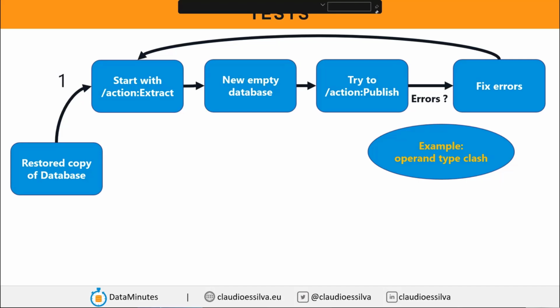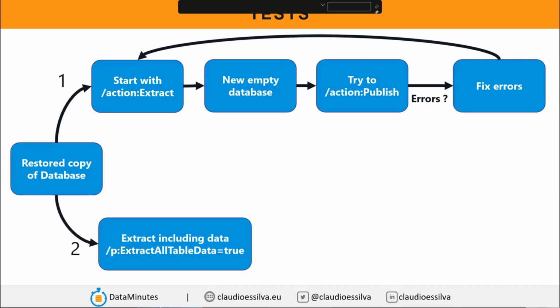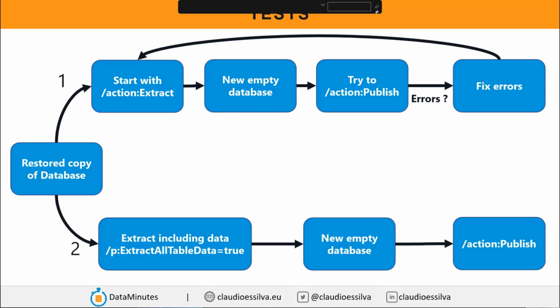The second step would be to extract, but now including all the table data, because that way we will bring the 300 gigabytes, not only with the structure but also with the data. In the end, it is what we need to move from one database to the other. You create the new database, and then you hit publish.